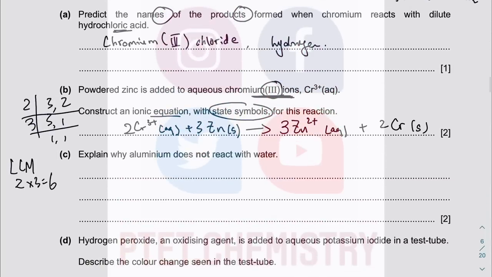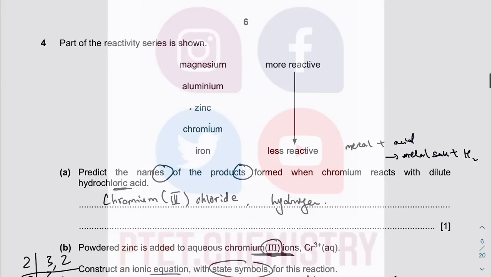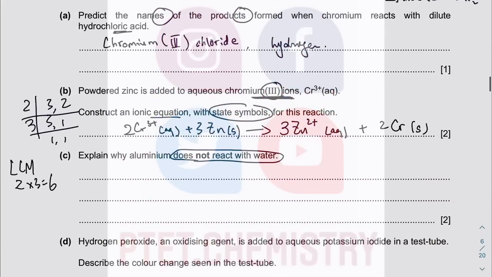Explain why aluminium does not react with water. Okay, so aluminium is considered one of the reactive metals, right? But why does it not react with water? It's due to a protective coating.